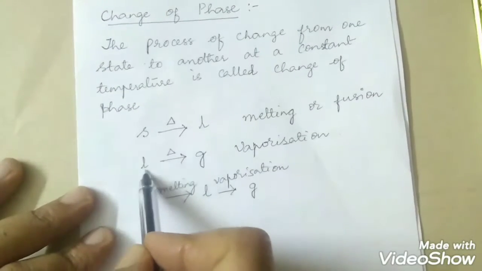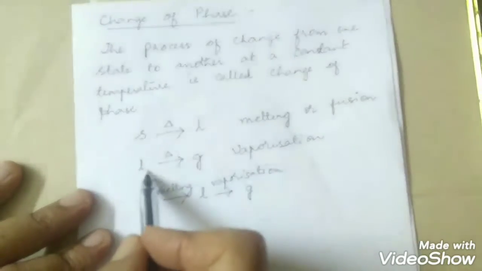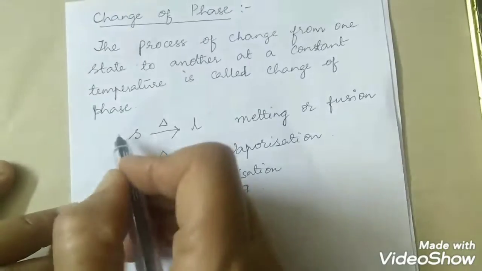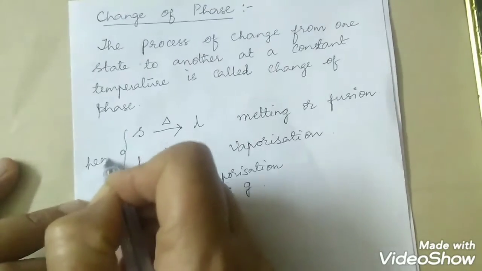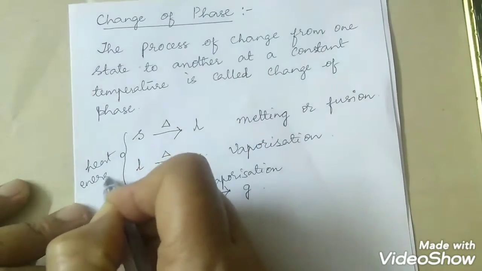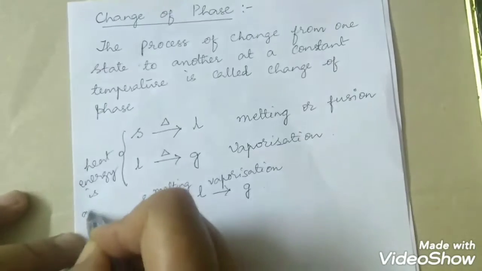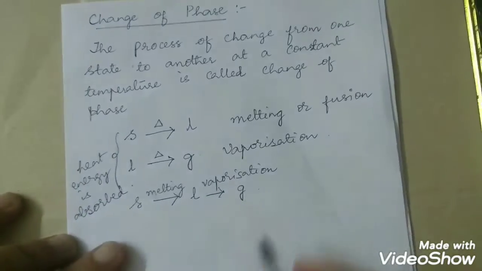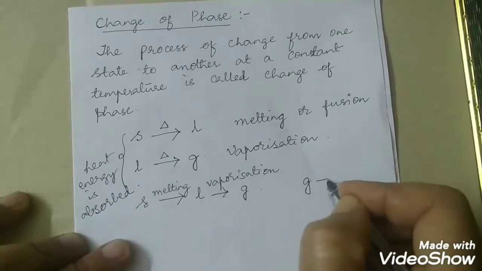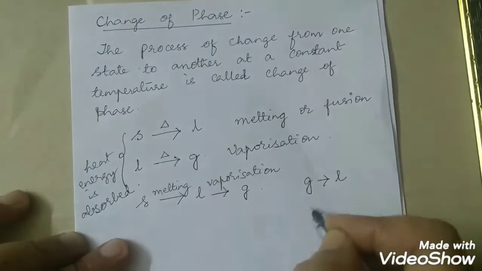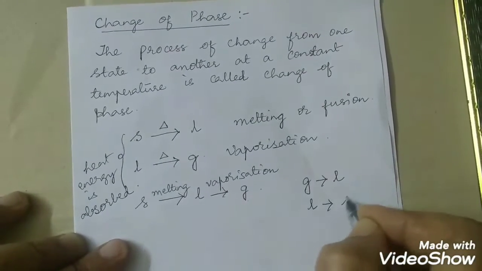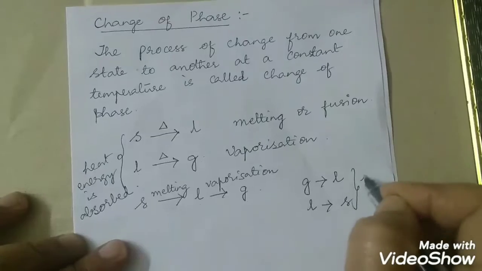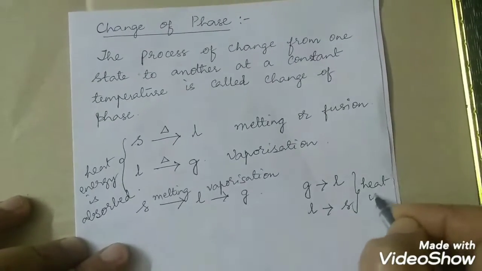In the two processes where solid changes to liquid and liquid changes to gas, heat energy is absorbed. Whereas if a gas changes to liquid or a liquid changes to solid, heat energy is liberated.